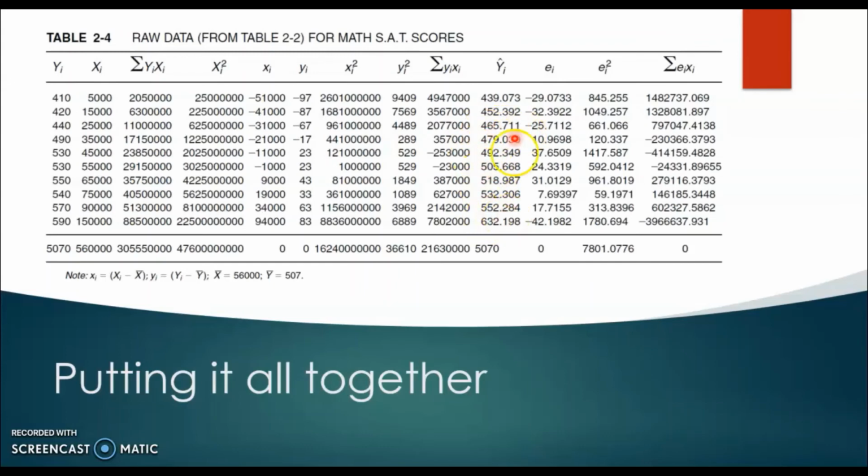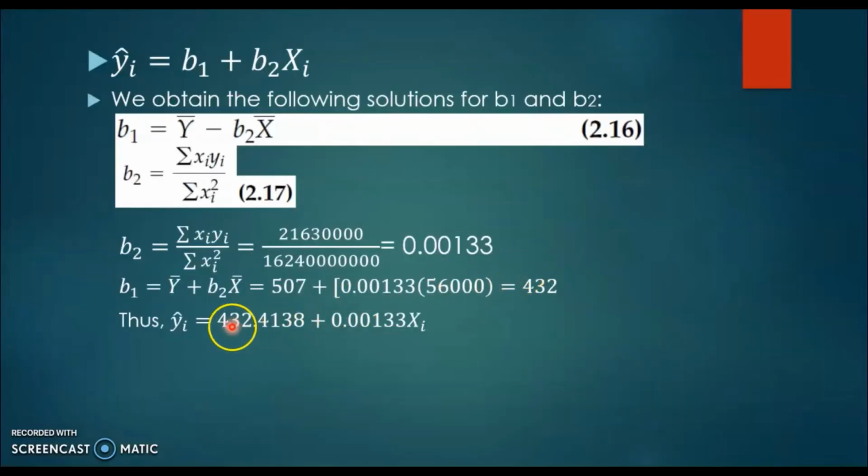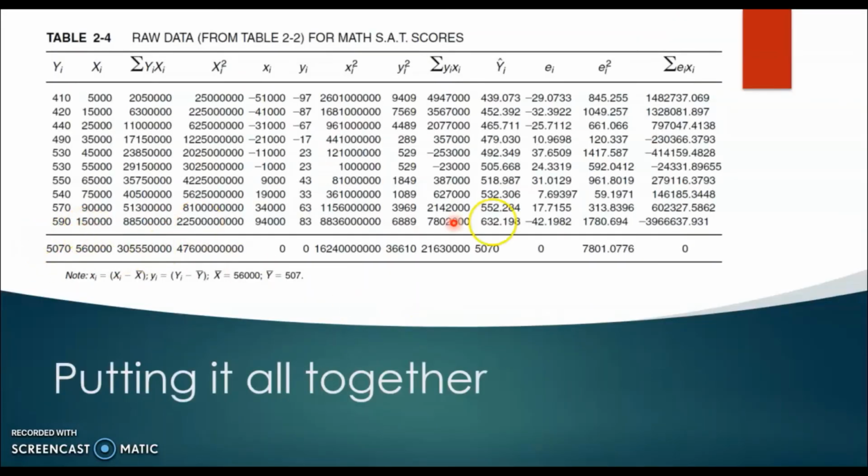And you repeat the same process in order to get the predicted value for the fourth observation until the last observation. Here we have 632.193, and we will be able to get that if we add 432.4138 with 0.00133 times 150,000. You will get 632.198, or pretty much the same figure as we have here.